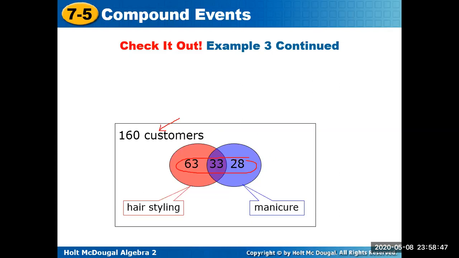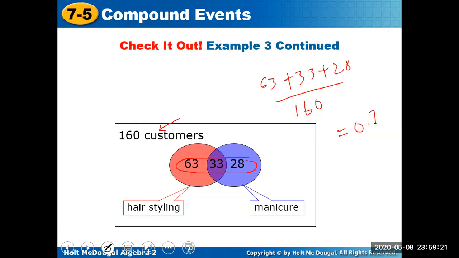From the Venn diagram, I can easily conclude that it will be 63 plus 33 plus 28 divided by 160, which will give me 31 over 40, 0.775. All right, I add these three numbers. Okay, and that will be my final answer.